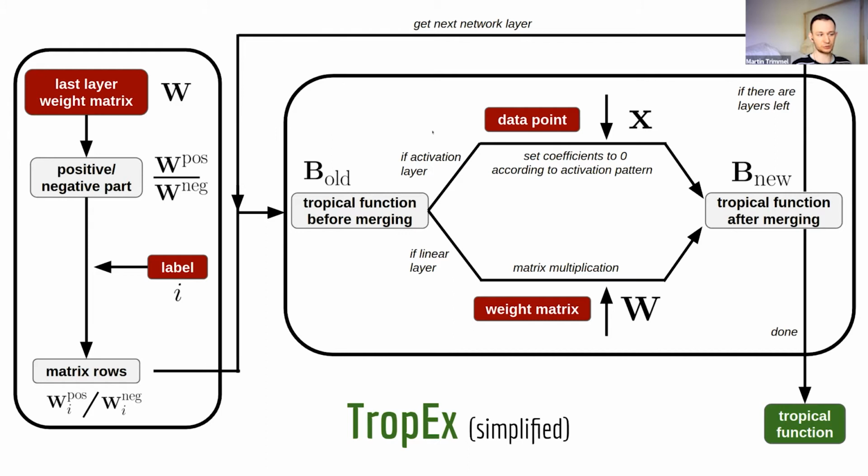In general, the algorithm can handle convolutional layers, batch normalization, max pooling layers, also leaky ReLU or parametric ReLU. So in general, any piecewise linear neural network. And then after this iterative merging procedure is done, and all layers have been merged, the output is the tropical function.